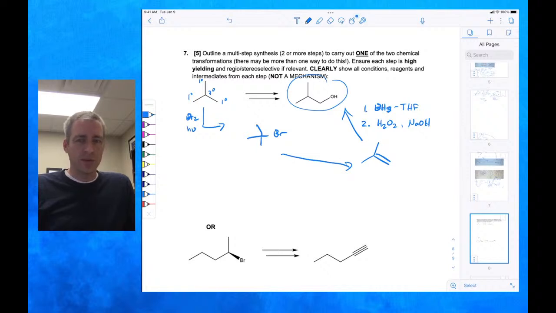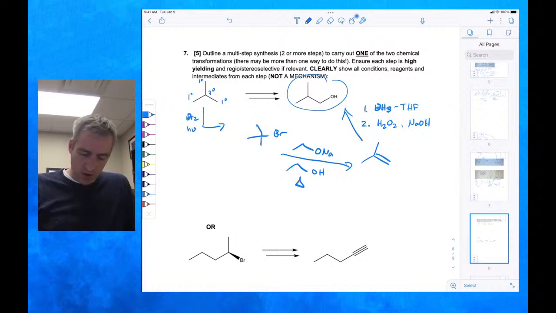Turns out any elimination conditions will do this. We could do E1, we could do E2. Generally, if we have a choice, we pick E2, because E1 is often contaminated with SN1. So let's find some conditions here that'll do E2. How about a small alkoxide and heat? You could use a large alkoxide and you'd get the same reaction. So either one is okay in this particular example.